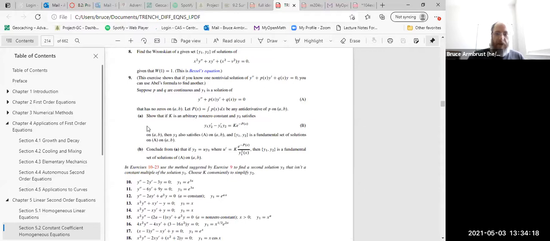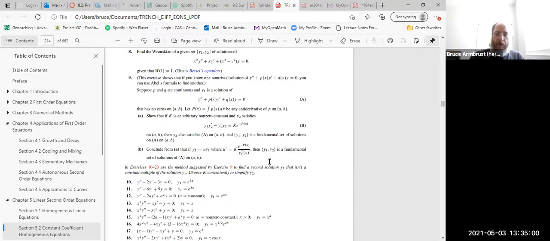All right, it says that if y1 is a solution to the homogeneous, then show that we can find y2 equaling u y1, where u prime is equal to this stuff. Okay, so we might as well make use of that, seeing it's right there and everything. So that k is the constant that comes from the Wronskian stuff.